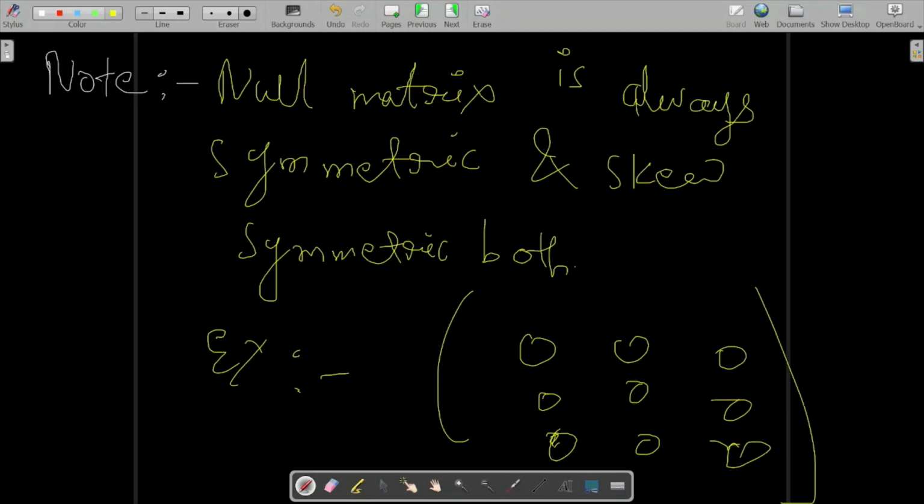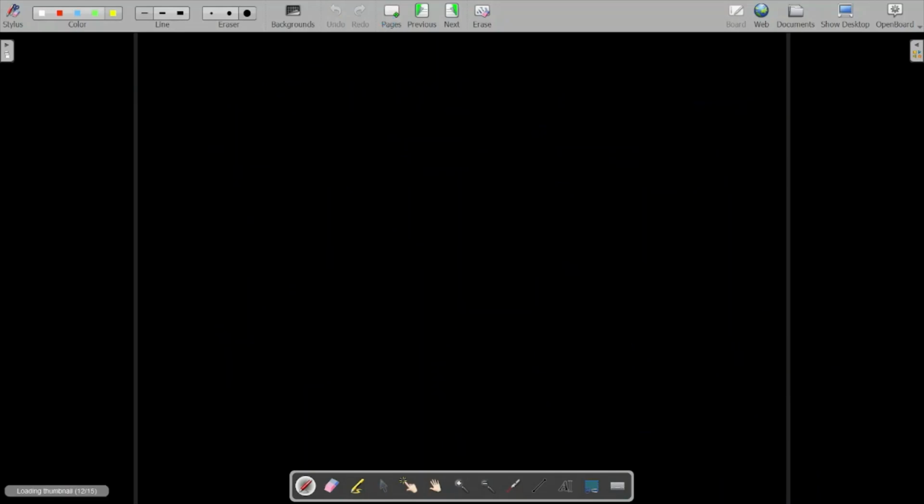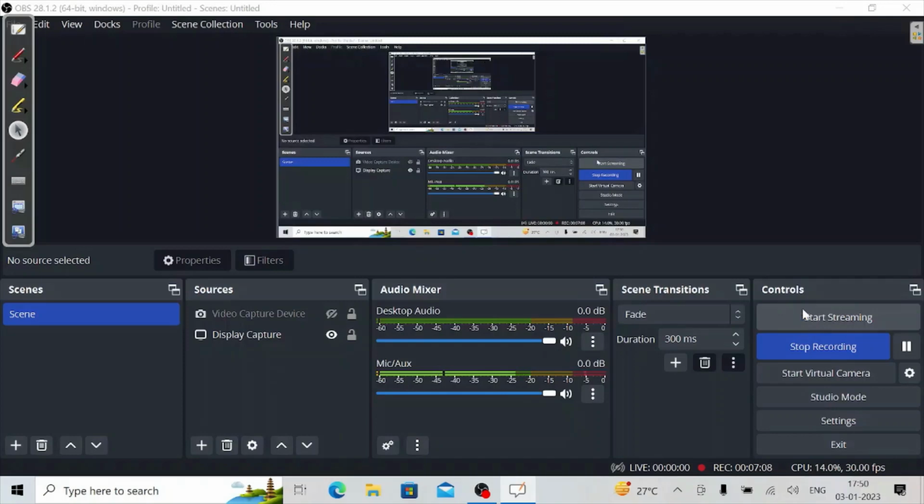You can apply the conditions of symmetricity and skew symmetricity and check whether this is skew symmetric or symmetric. You will find that they satisfy all the conditions of symmetric and skew symmetric both. So null matrices are both. You have to remember this. Now we will move on towards our note number 1 of this class.